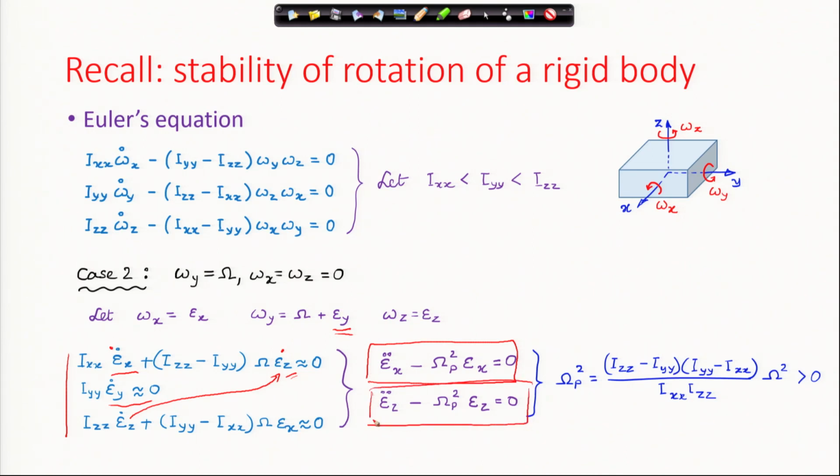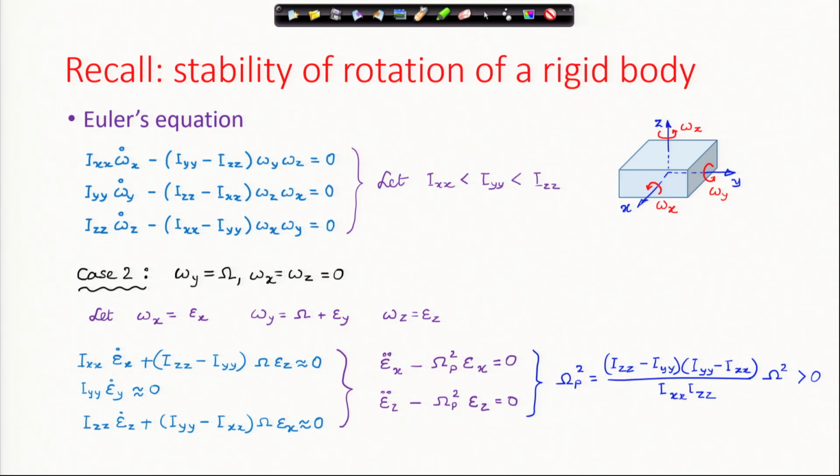The omega_p squared, which is given by this, is a positive quantity. Why? Because I_zz is the highest, I_zz minus I_yy is positive, I_yy minus I_xx is also positive, these are positive. Therefore, this is a positive quantity, but we have this additional negative sign.